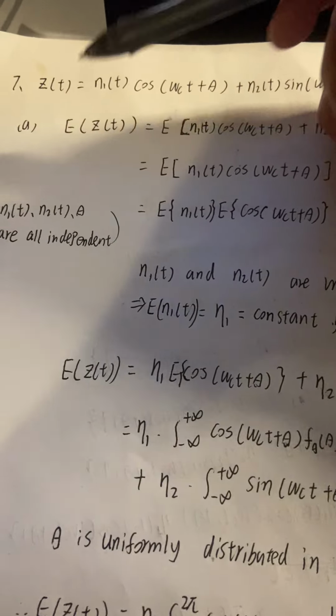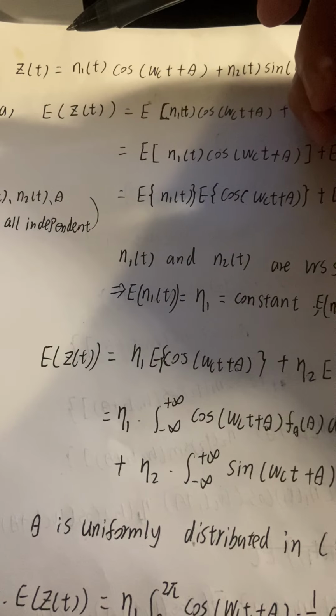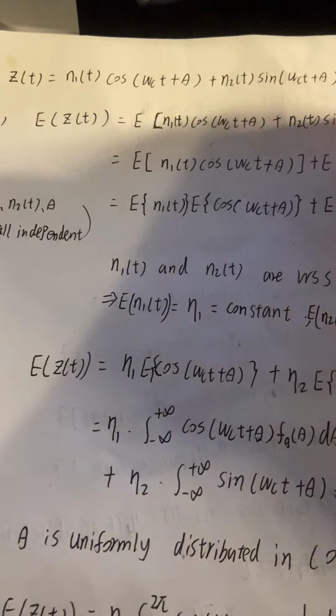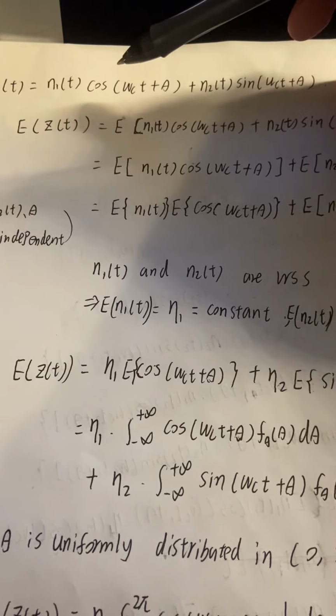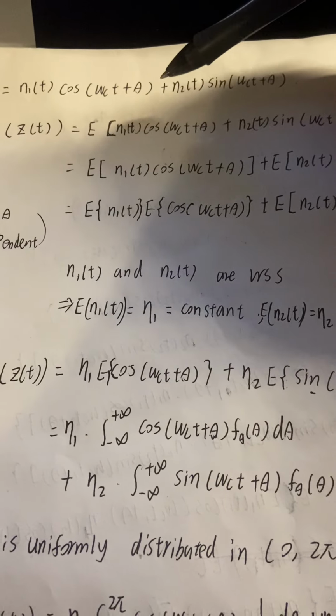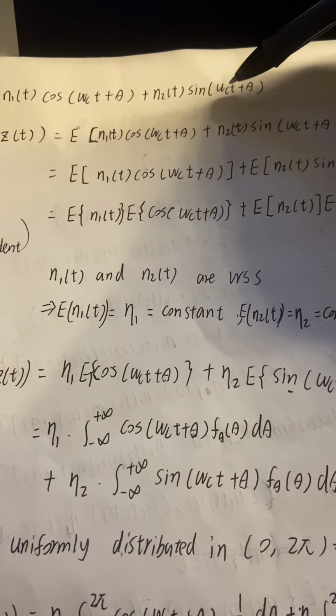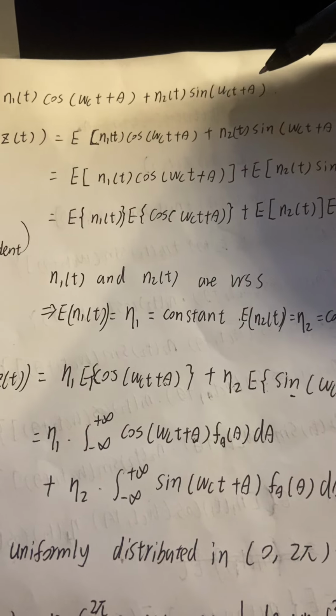In question 7, we have the function Z(t) equal to N1(t) times cosine(omega_c t plus theta) plus N2(t) times sine(omega_c t plus theta).